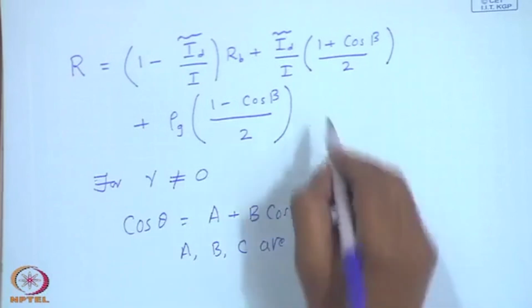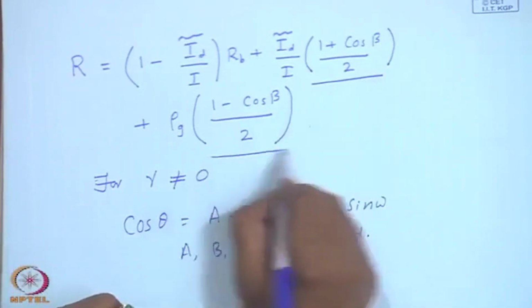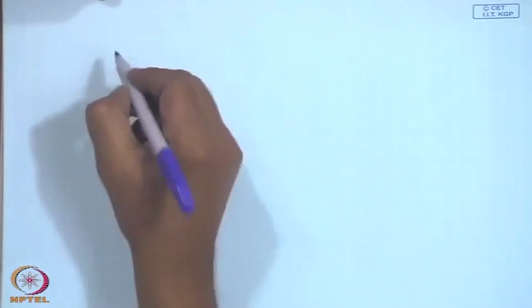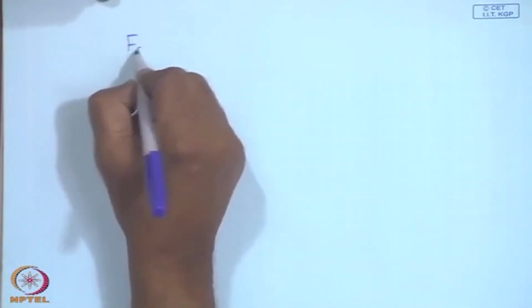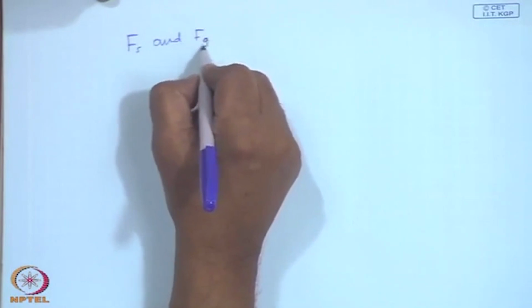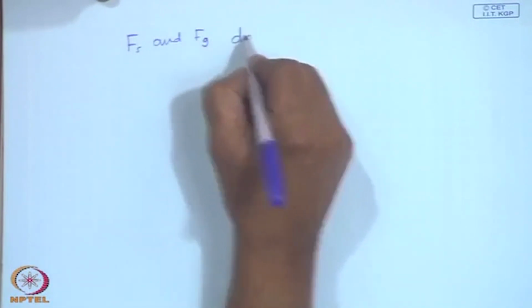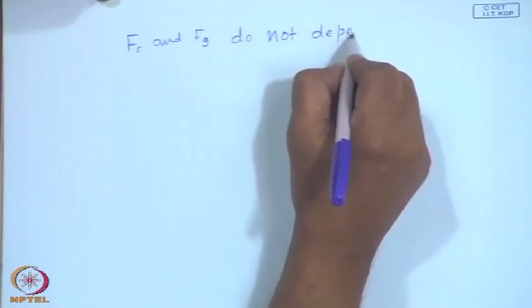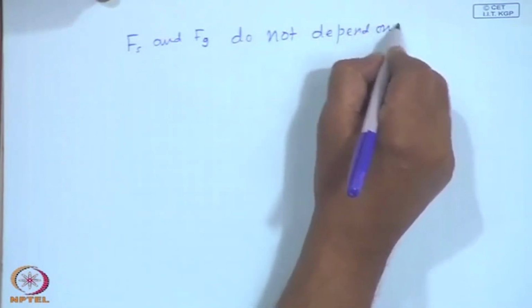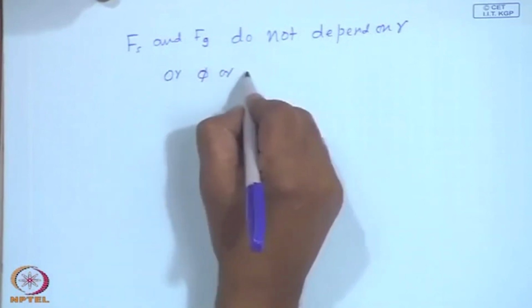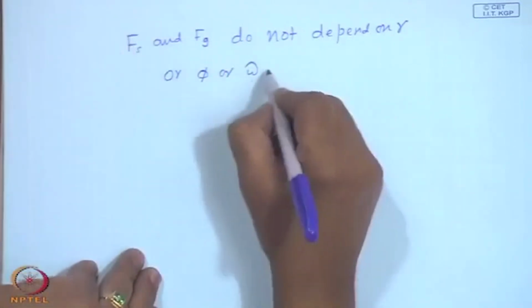So, fortunately, these factors F s and F g do not depend on gamma or phi or omega or even delta.